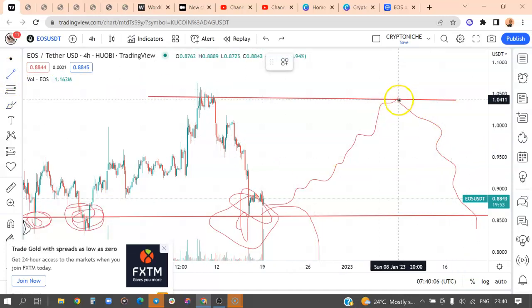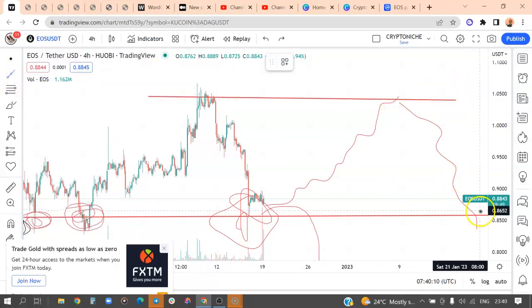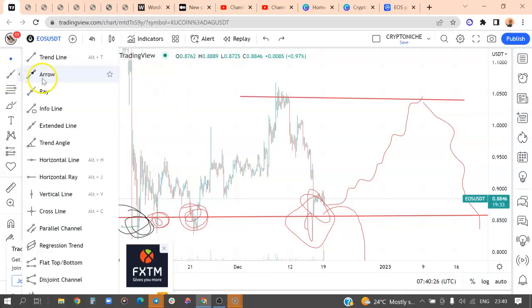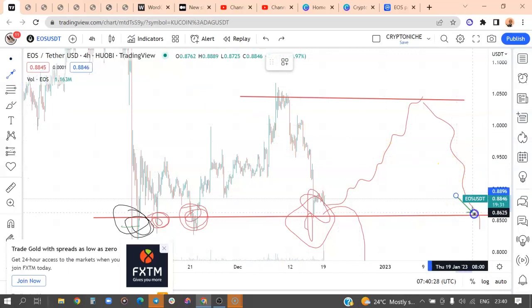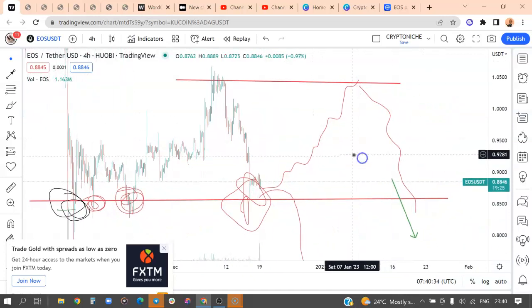And even go lower than you're expecting. So you have to be careful, guys. Don't just follow a chart blindly.